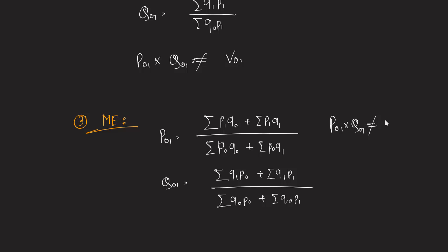So this is not equal to V01, which means Marshall Edgeworth also fails the factor reversal test. The last remaining one is Fisher's.